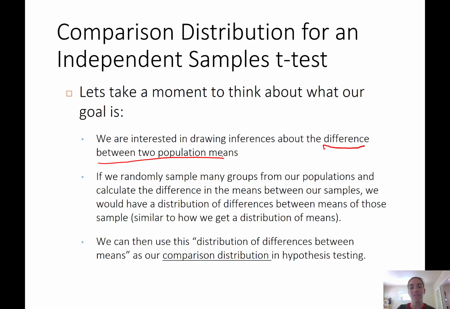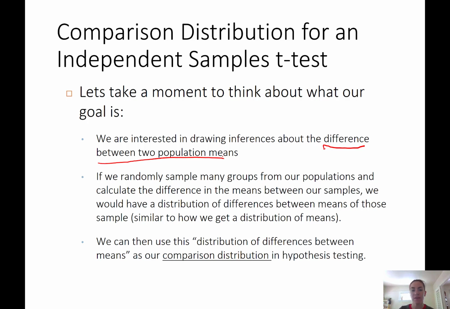When we were interested in evaluating a sample mean, then we built a comparison distribution of sample means. When we were interested in difference scores or mean difference scores, then our comparison distribution was a distribution of mean difference scores. So now our unit of interest is our difference between two means. So our comparison distribution should be a distribution of differences between means.